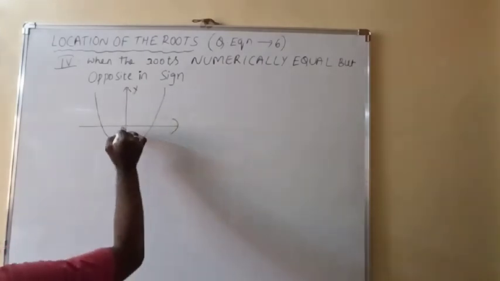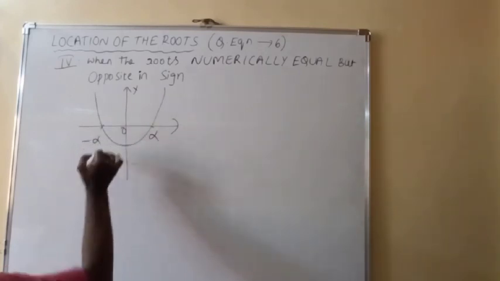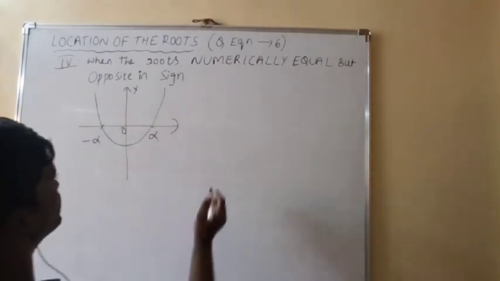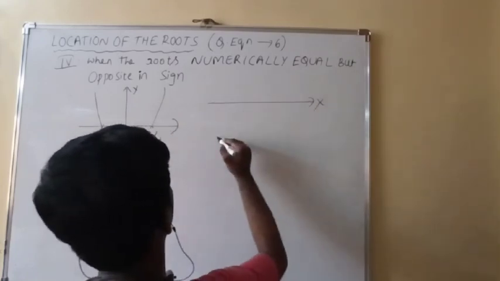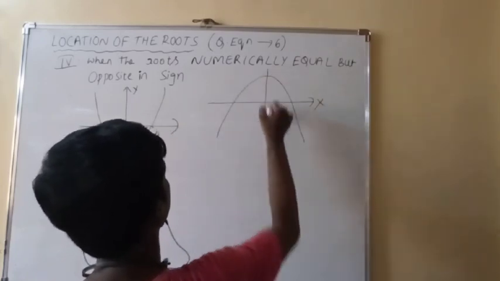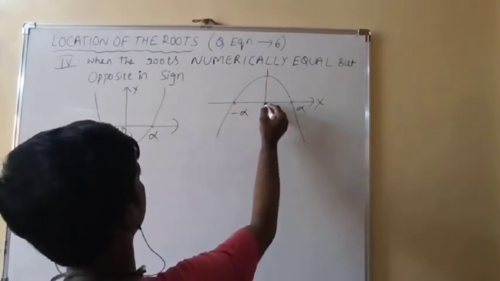If one root is alpha, the other root will be minus alpha. When A is positive you will get this graph. When A is negative you will get this graph. This is alpha, this is minus alpha.